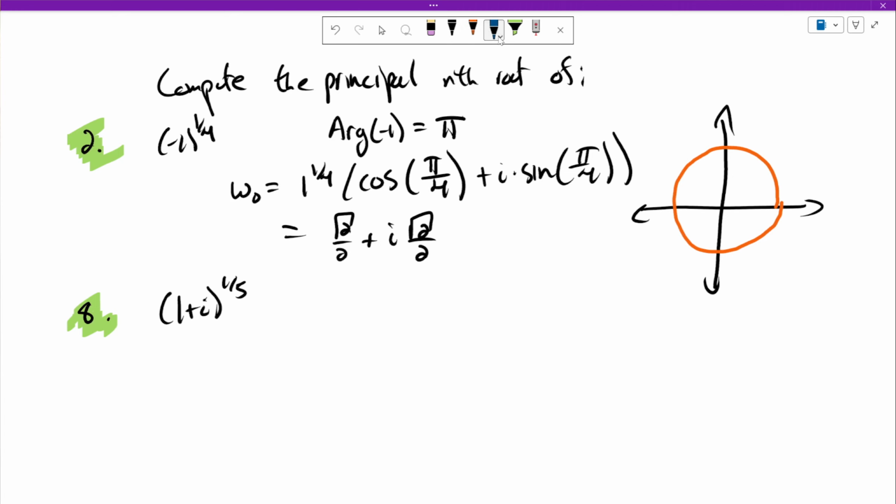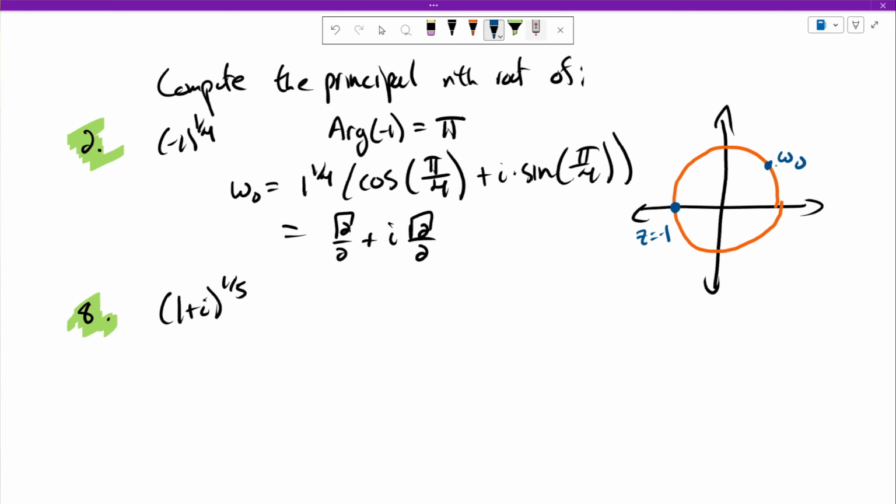And our z, -1, is over here, and W0 is over here at √2/2 plus i √2/2.